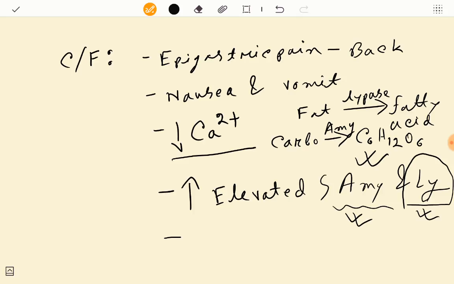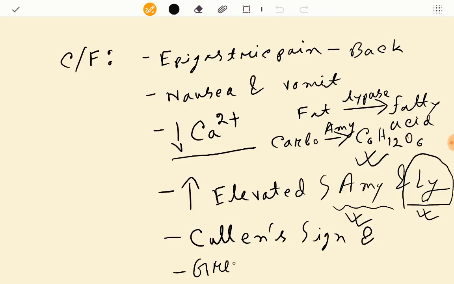And there is one more sign, called Cullen sign and Grey Turner sign. So remember Cullen sign and Grey Turner sign.